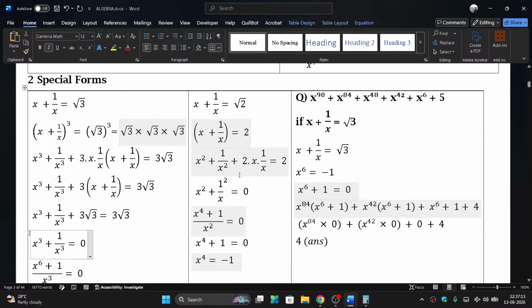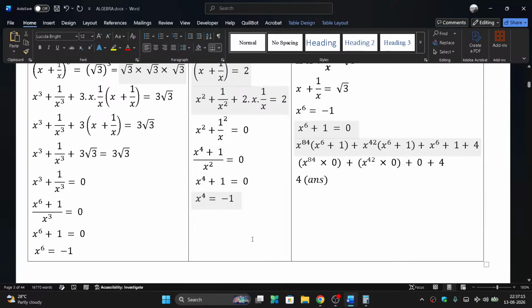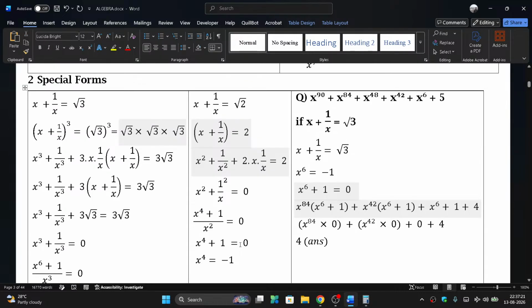If x to the power 6 is minus 1, then x to the power 12 would be 1. There is no difference if the value of x plus 1 by x equals root over something or square root of something. So x to the power 90 and everything, you can check this out.